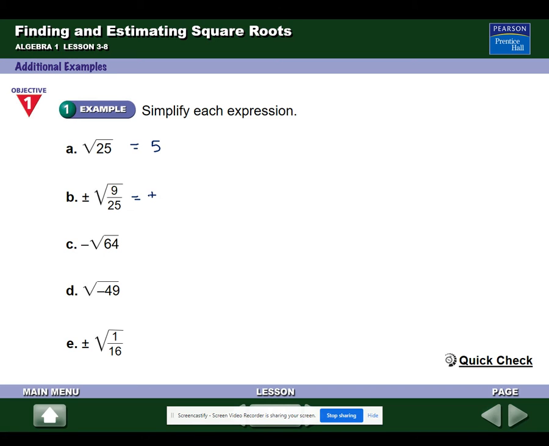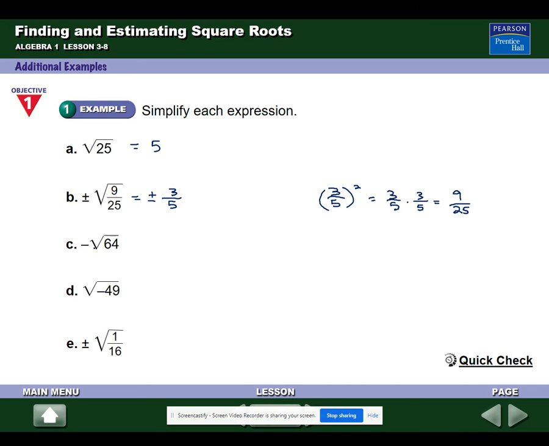So this would be plus or minus 3/5, because the square root of 9 is 3, the square root of 25 is 5. You say, why is that? Well, because 3/5 squared is like saying 3/5 times itself, which is 3 times 3 is 9, and 5 times 5 is 25. And again, just keep the plus or minus as they have.